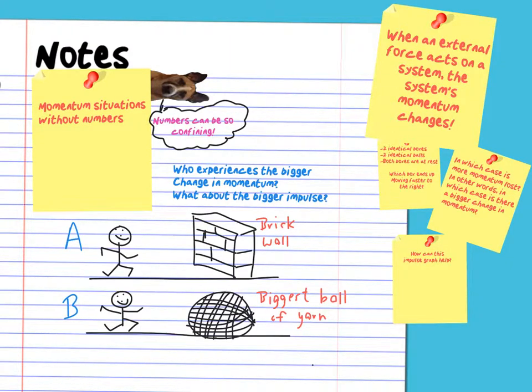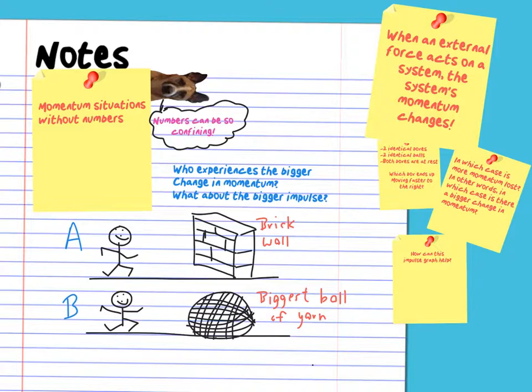Okay, here we're going to look at a different problem. All right, we have person A and person B, and they're smiling because they're listening to a physics video. They are identical twins, identical in every single way: mass, velocity. They're both going to hit, one the brick wall, and the other the biggest ball of yarn, with the same velocity.